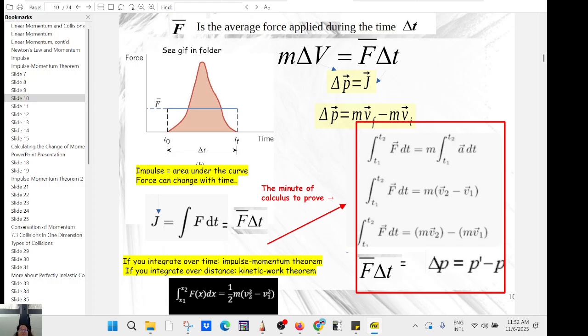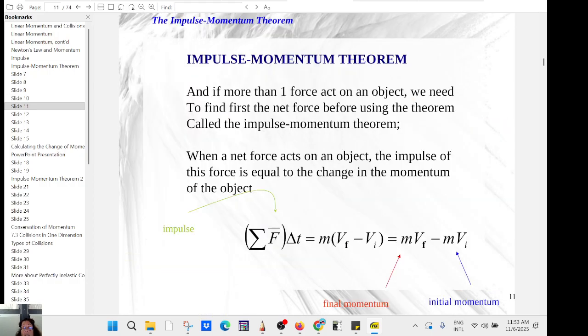Is that clear? You can do the calculus here, and that's what you will get. That will be the real equation for impulse. You need to integrate the force over the time, and you get the average force because the force is going to increase and then decrease. Okay. So again, this is called the impulse-momentum theorem.